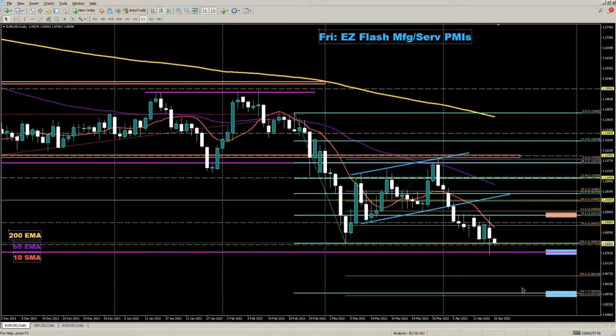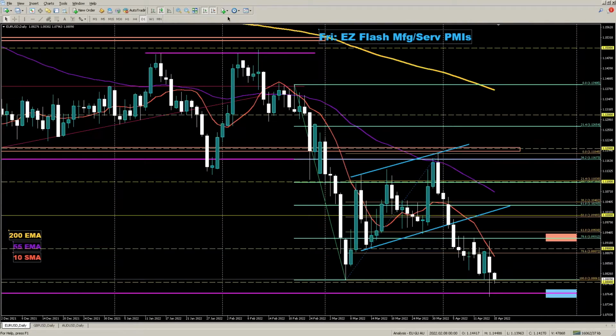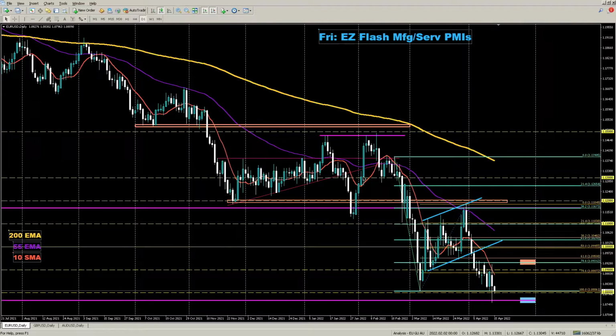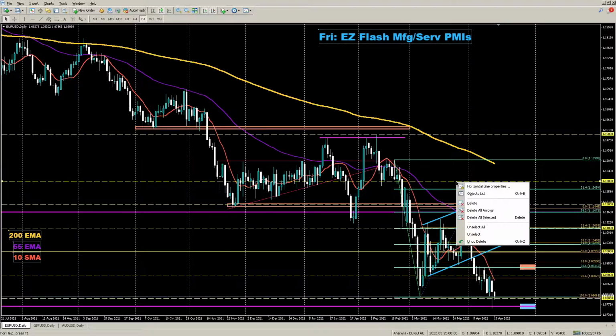That's the next key support zone, and it's going to take a while to get to the 105.70 to 80 zone. So perhaps let's remove some of these and change this to the lower levels.